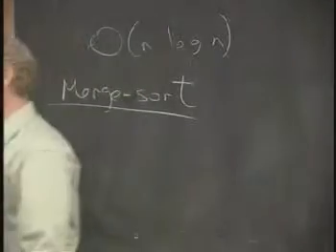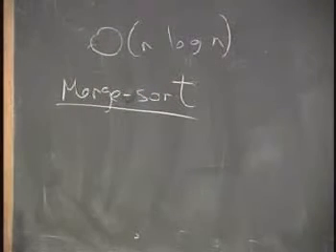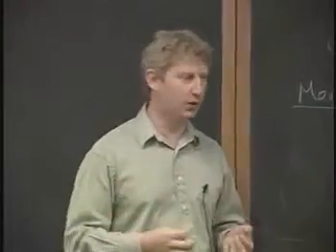Mergesort is the first order n log n algorithm we'll talk about, mainly because it's relatively easy to understand. You've seen it before, and you've actually seen the code for it before. Nevertheless, I'm going to go through it again. I'm going to talk about its recurrence equation ever so briefly. I'm going to talk about the fact that it's naturally a recursive algorithm to describe it.